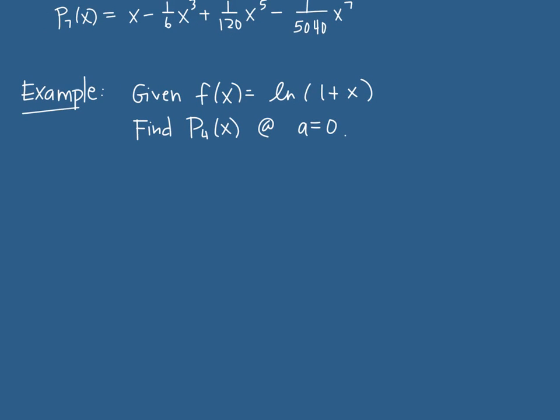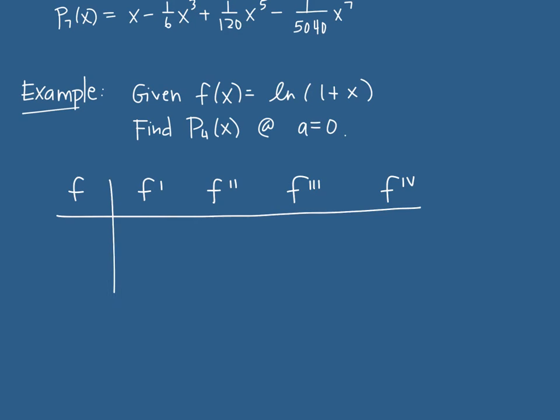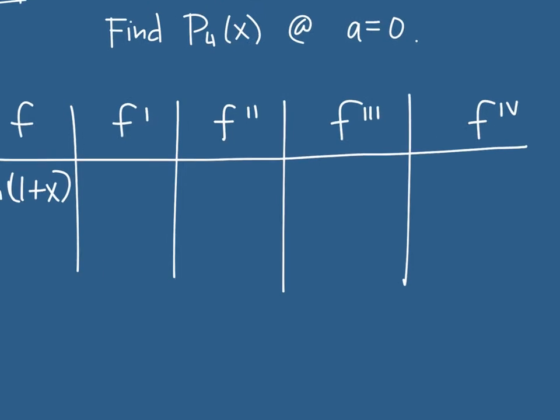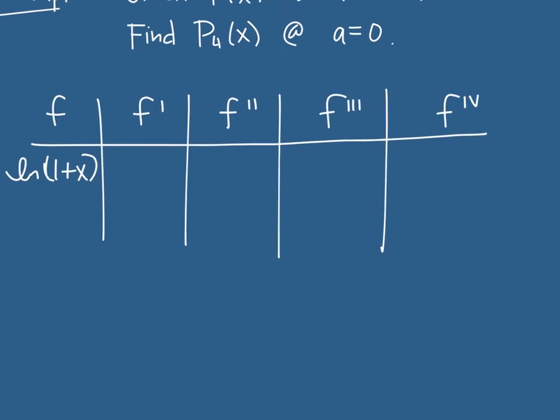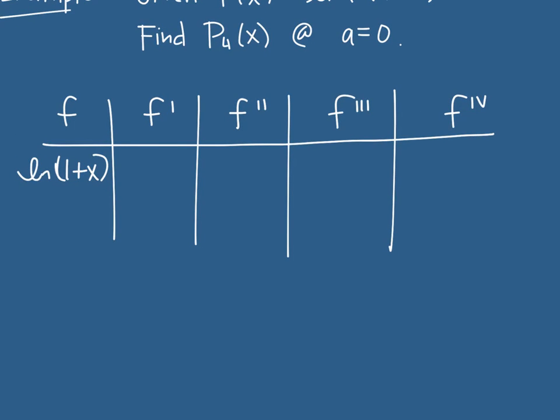I can't do these in my head quite as fast as I could do sine and cosine, so it may help you to actually write down what the derivatives are to keep track of everything. So I'm going to write down that natural log of 1 plus x is my function, and then I'm going to write the functions of the derivatives.